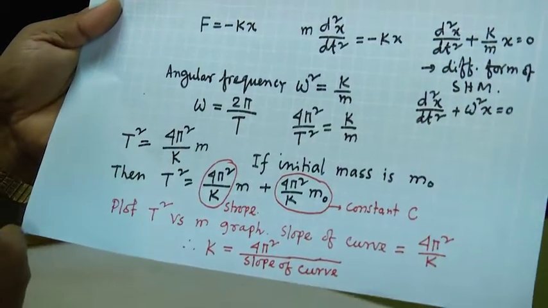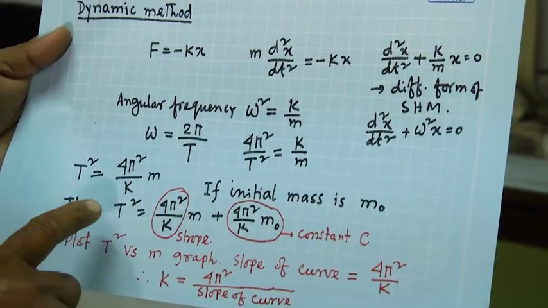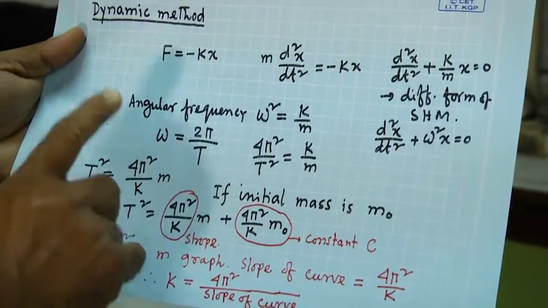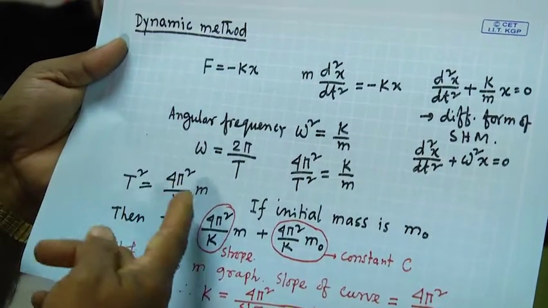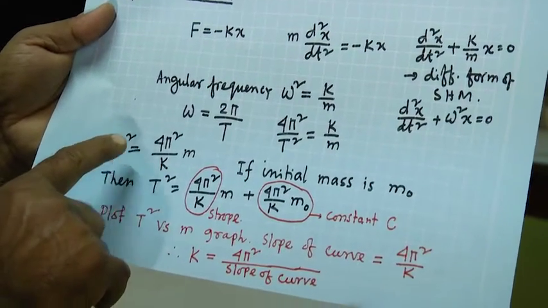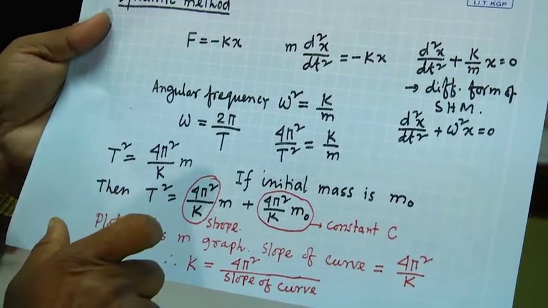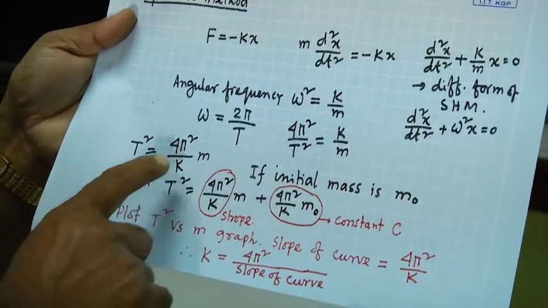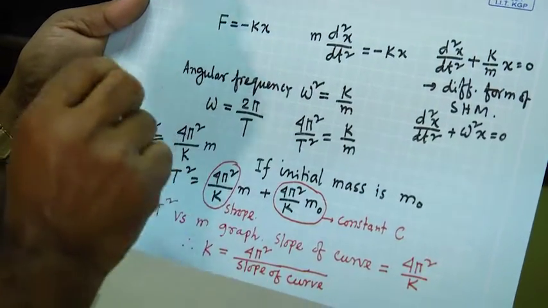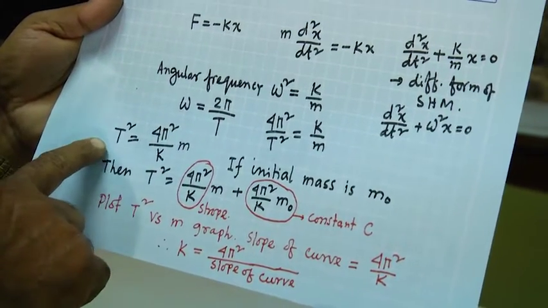So, to find the k value, experimentally I have to measure the time period of oscillation for a particular mass. So, in this experiment in the dynamic method we will load different masses, and for each mass we have to find out the time period.